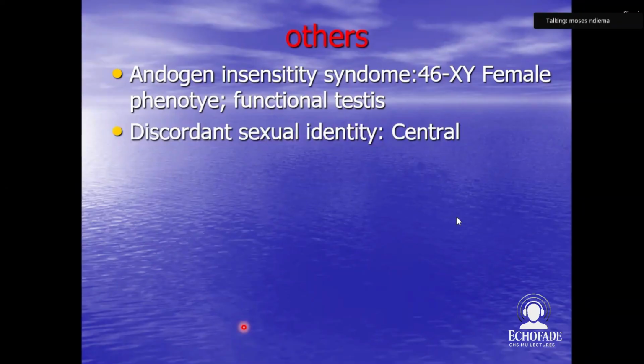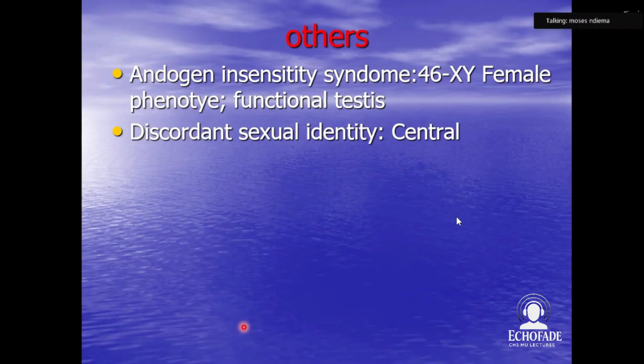And we have what is called discordant sexual identity. Discordant sexual identity is a central nervous system situation where people feel like they are females but they're actually males, or males might feel like they're females, and they behave that way, but genetically they are males, or genetically they are females.